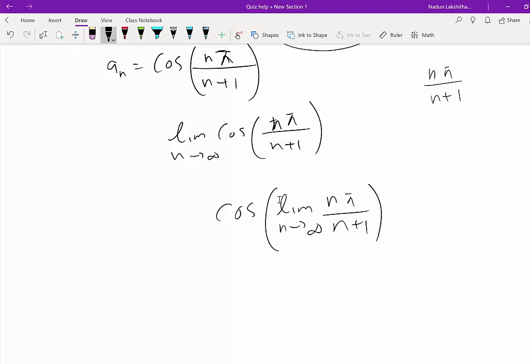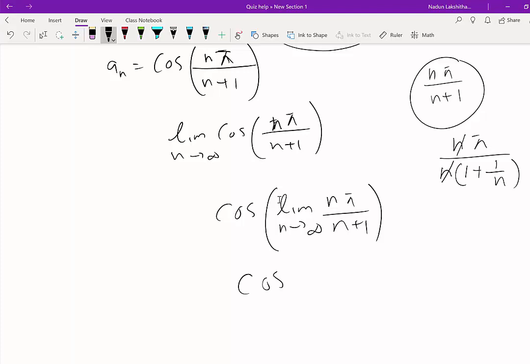How did we approach these things, a rational function? This is a rational function, right? A first degree polynomial over a first degree polynomial in n. How did we approach them? Well, we factored out the highest power in the numerator and denominator. Here n is the highest power in the numerator, and in the denominator it's n, so let's factor out n. So it's 1 plus 1 over n, and the n's cancel out.